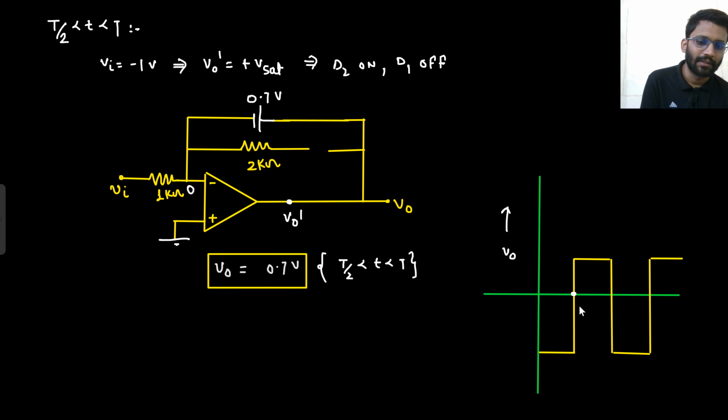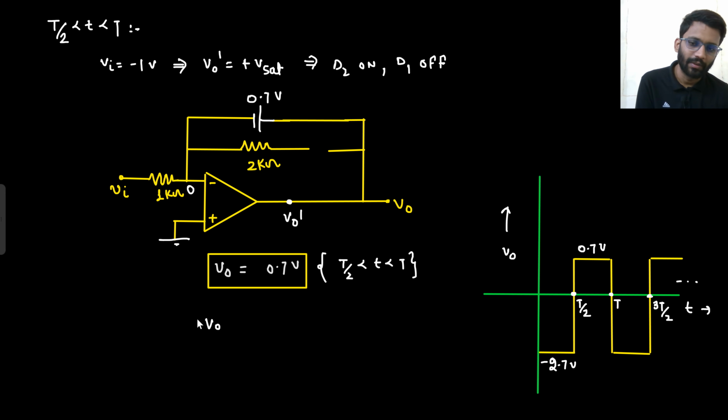This is your T by 2, this is your T, 3T by 2, and the same cycle is being repeated.